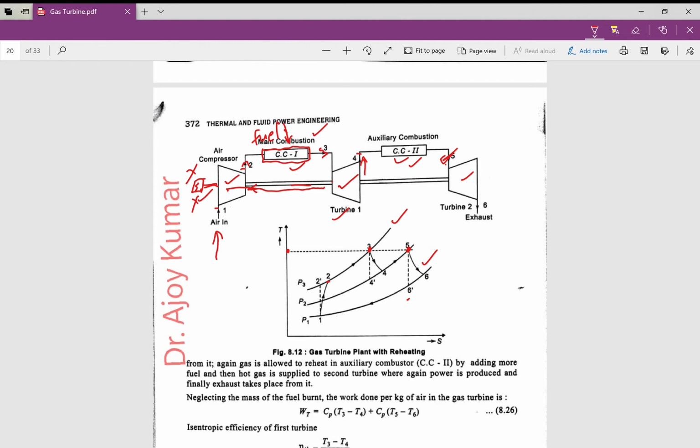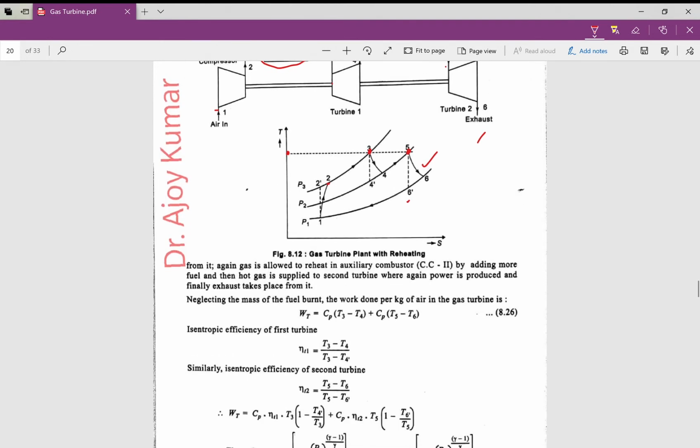Finally, after producing power, this exhaust gas goes into the atmosphere. So this is the layout of gas turbine with reheating. The word reheating refers to what takes place here. This is your reheater.